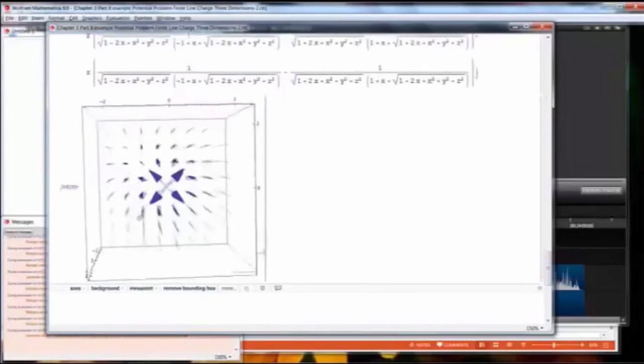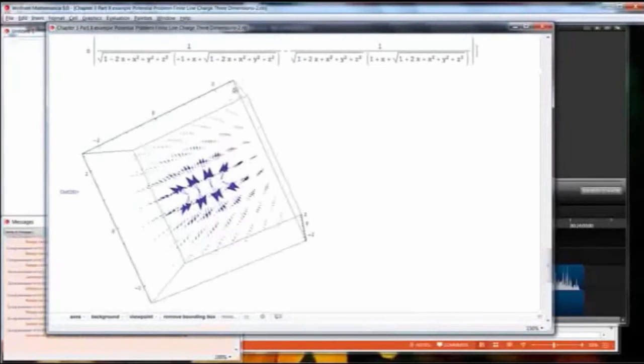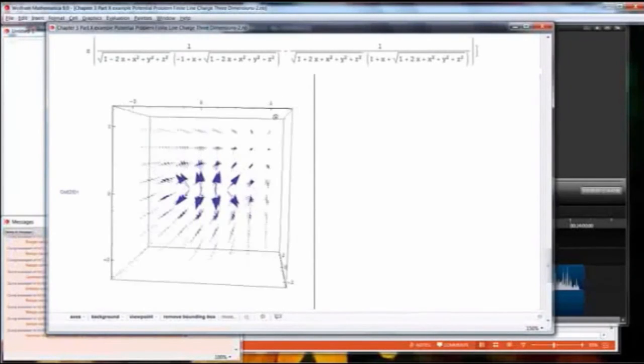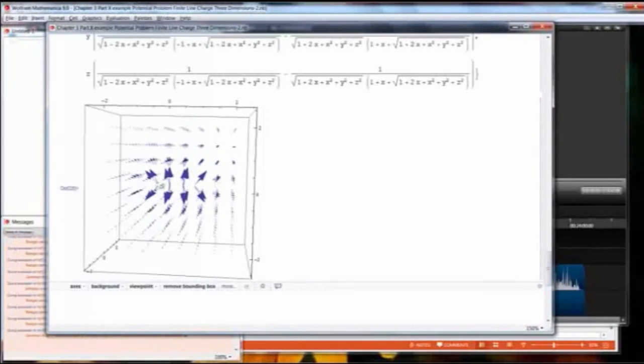So if we now look in this direction, I'll try to get this lined up. So now the line charge is right here, and you can see that as you go away from the center of the line charge, the field lines are bent away from the normal to the line charge. They go off in sort of parabola behavior, which, remember, they have to be normal to the eggs.